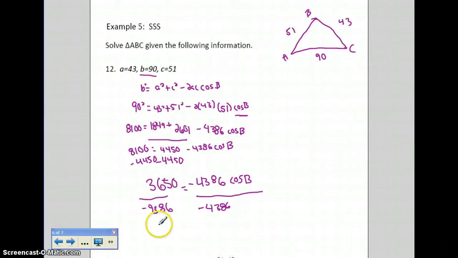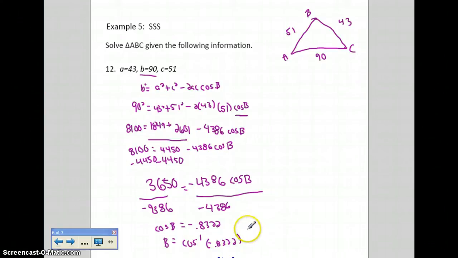So I get cosine B to equal approximately negative 0.8322. Remember, in order to find a missing angle, we use the cosine inverse. So I'm going to do B equals the cosine inverse of negative 0.8322.